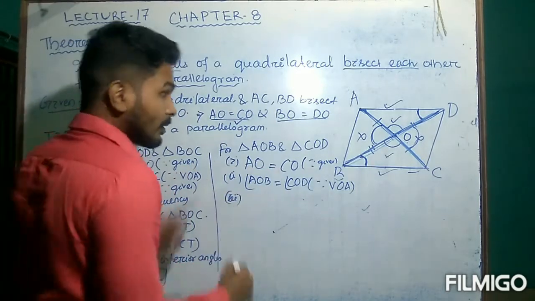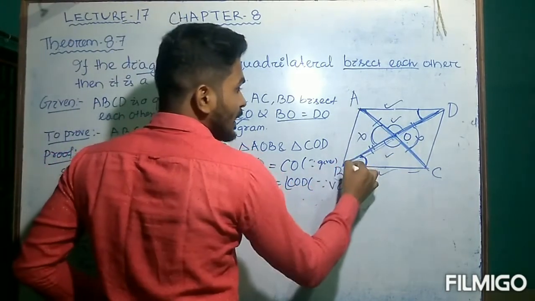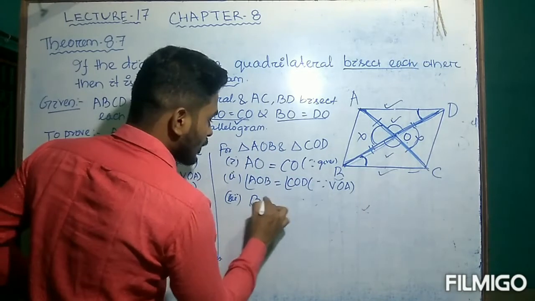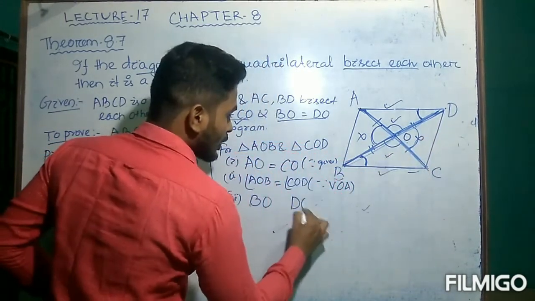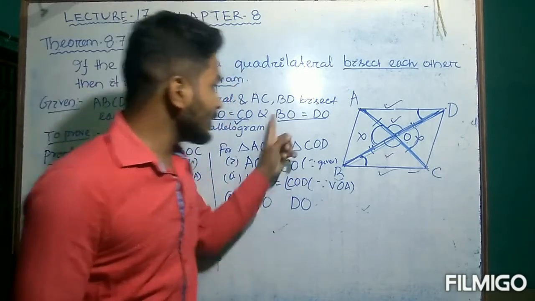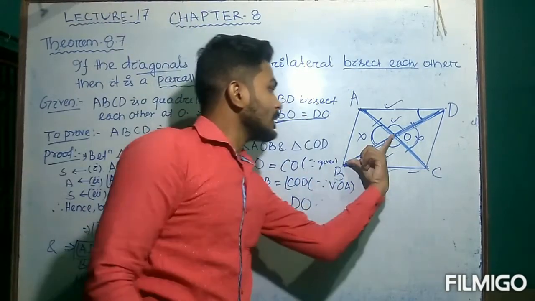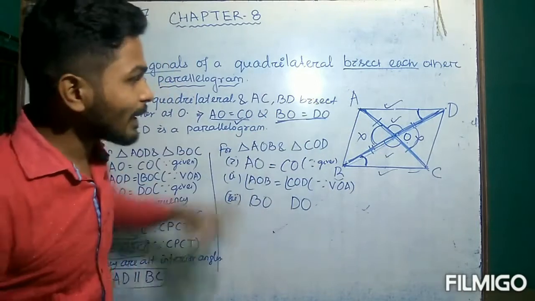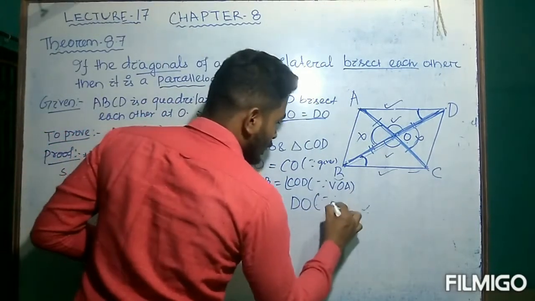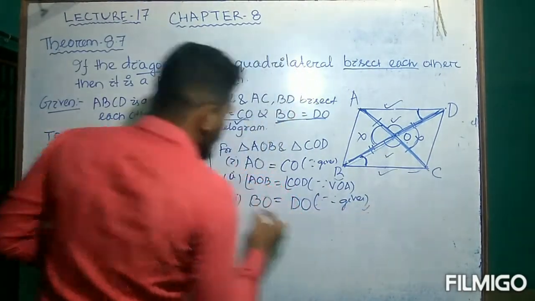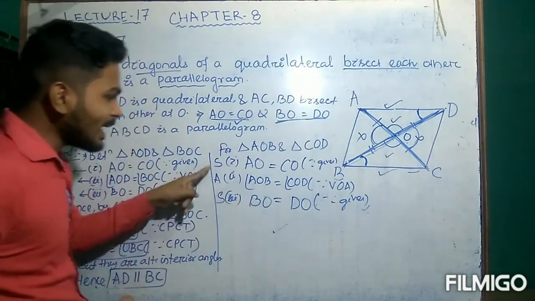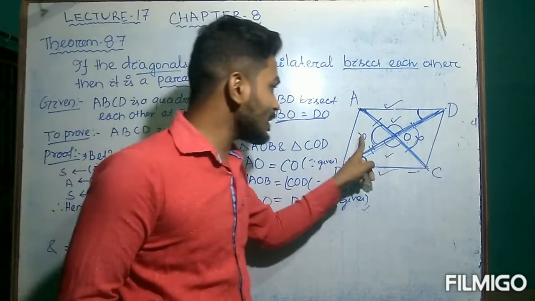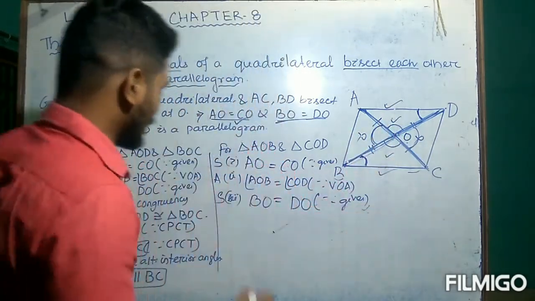Third condition is for triangle AOB, BO is a side, and for triangle COD, DO is a side. It is given that BO is equal to DO, this half is equal to this half, because the two diagonals bisect each other. This stands for side, this stands for angle, this stands for side.